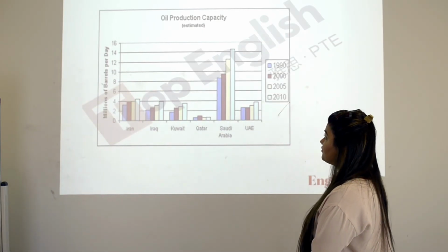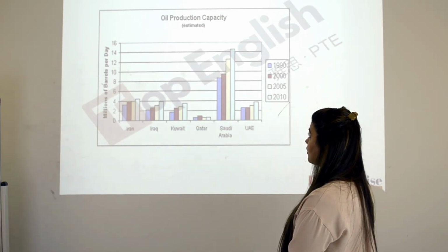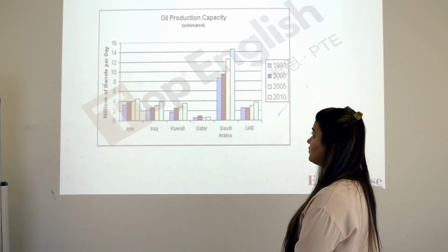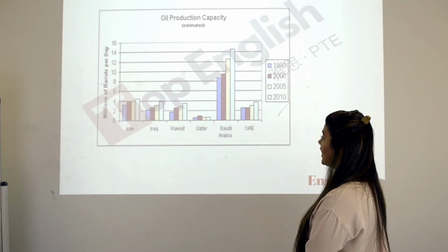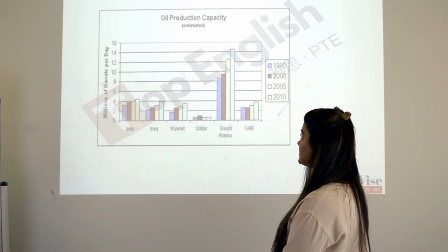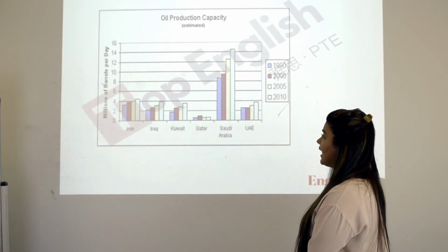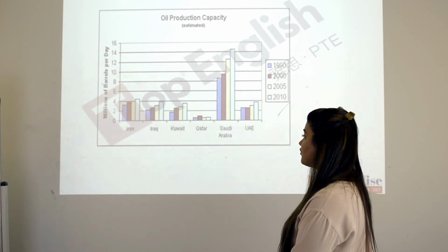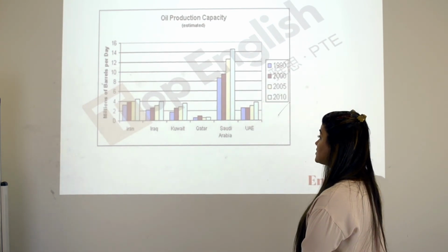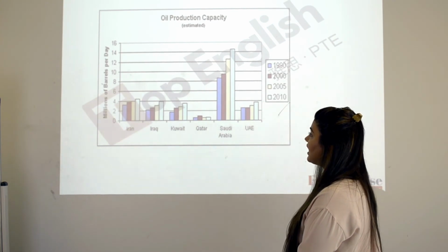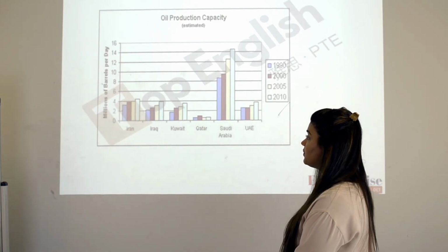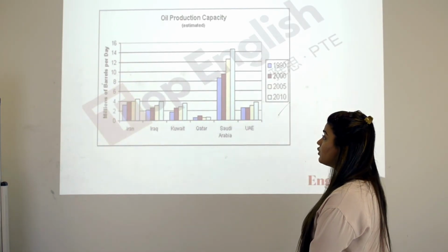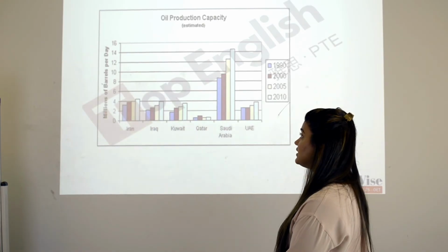I have got an image in front of me. I have got 40 seconds to talk about this picture. Let me have a closer look at the picture. While having a closer look, I can see a bar graph which represents the oil production capacity estimated. On the x-axis, I can see different countries like Iran, Iraq, Kuwait, Qatar, Saudi Arabia, and UAE. On the y-axis, I can see millions of barrels per day ranging from 2, 4, 6, 8, 10, 12, 14 and 16.